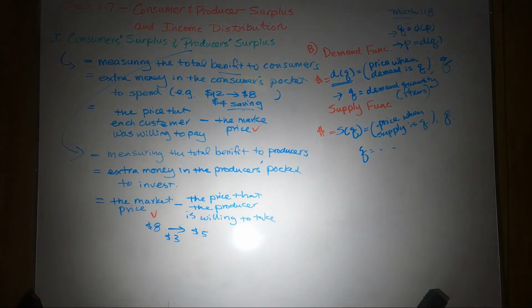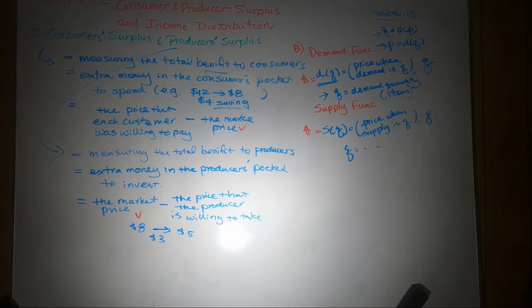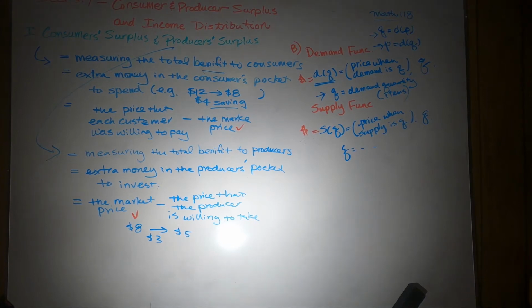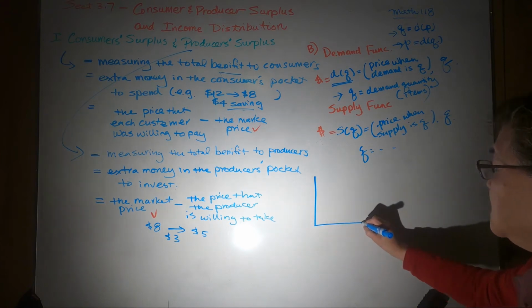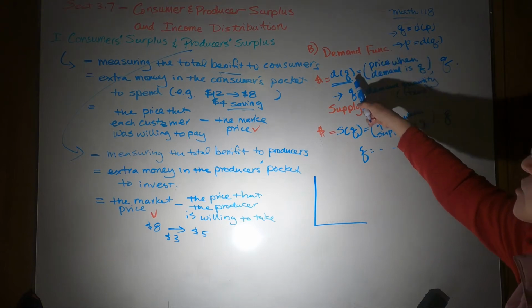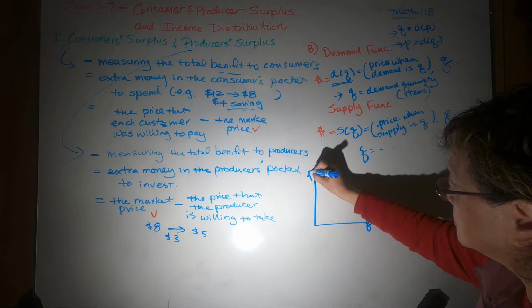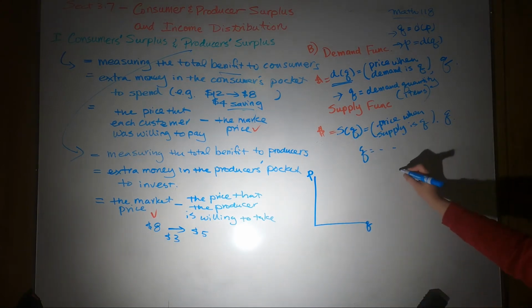Okay? So because it's a function, usually we do what? We show a graph, right? So from quantity to the price, from X to Y. So your X is quantity, your Y is your price, right?